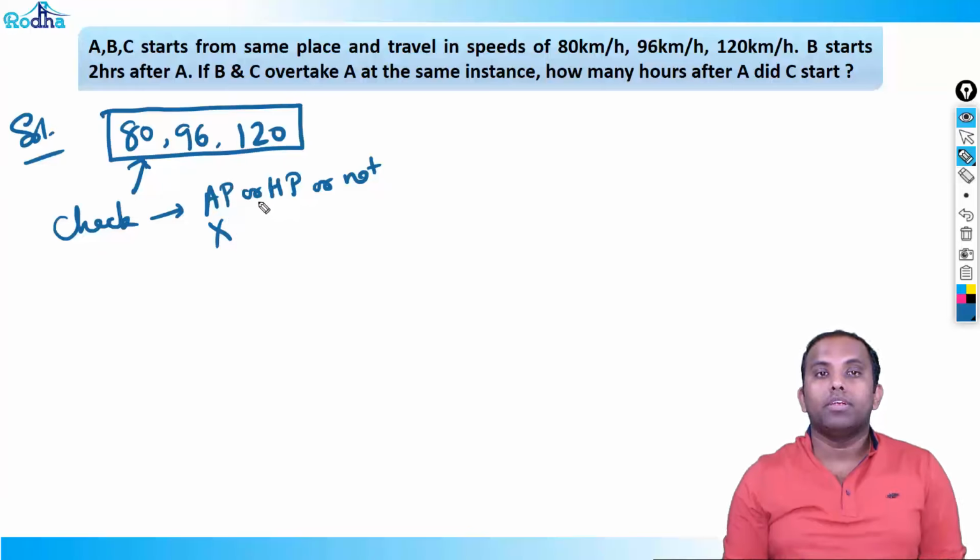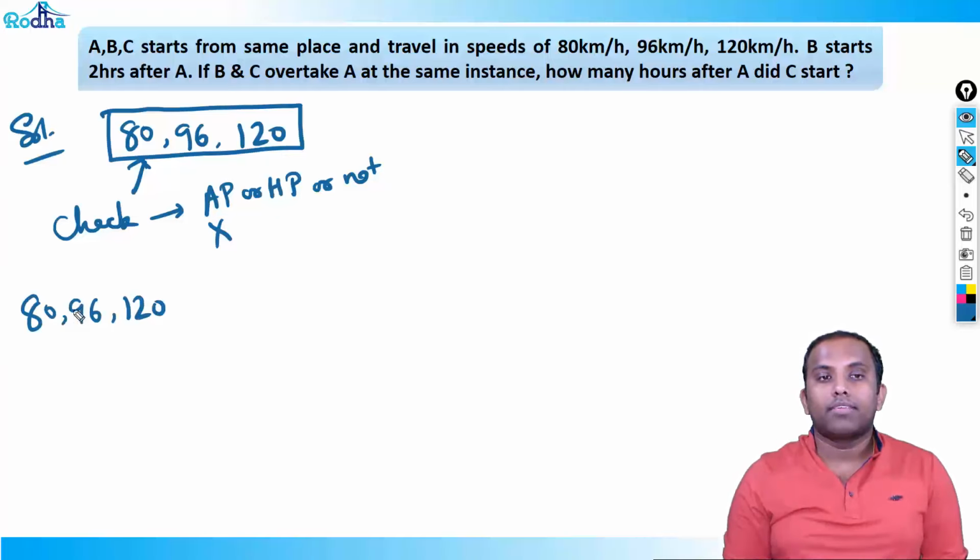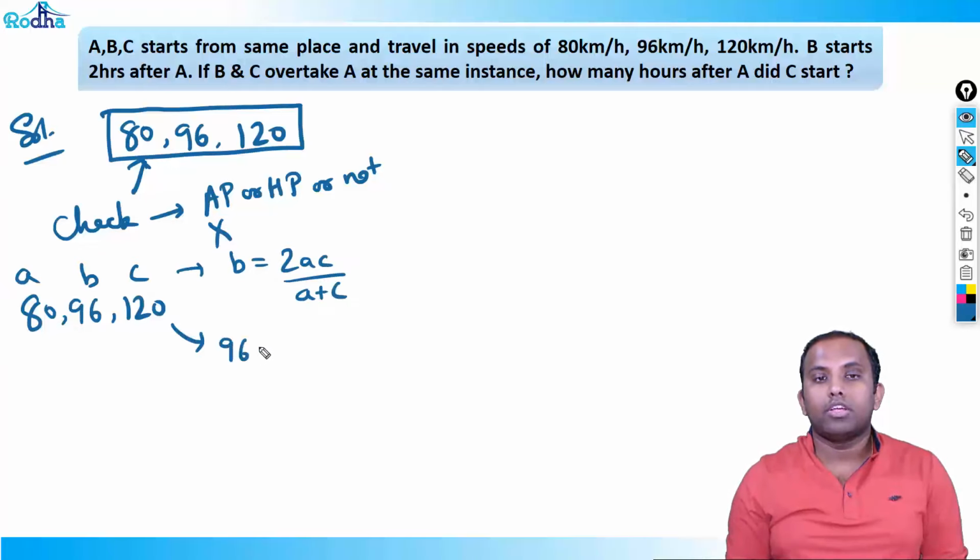Come to HP. Let's say 80, 96 and 120 are in HP, like A, B and C are in HP. Then B is equal to 2AC by A plus C. Then 96 should be equal to 2 into 80 into 120 by 80 plus 120.